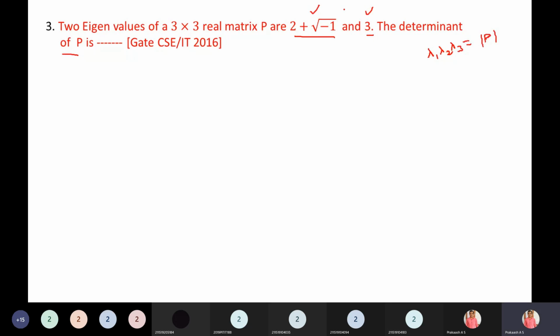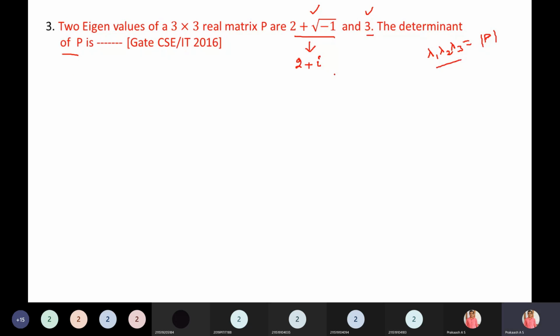How to find another one? Any idea? What is square root of minus 1? So from that we have to find another eigenvalue, and using that I want to find the product. That product is our required determinant of P.